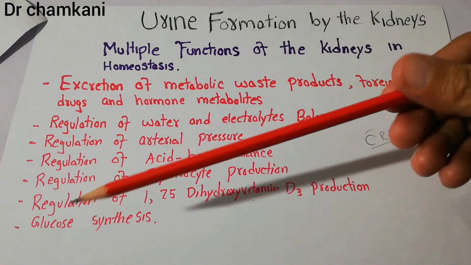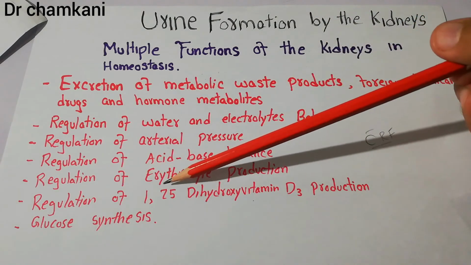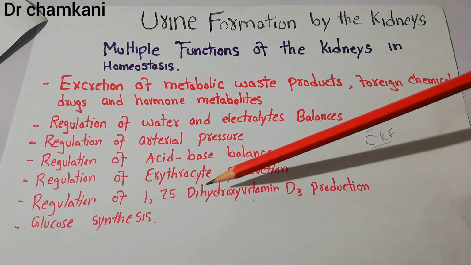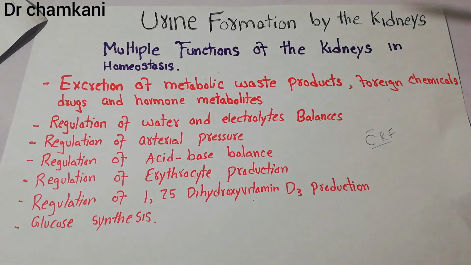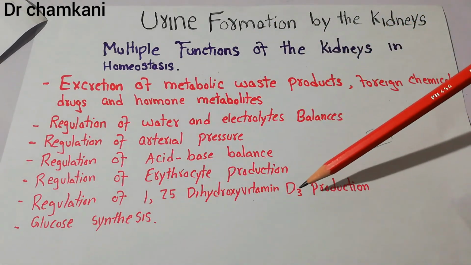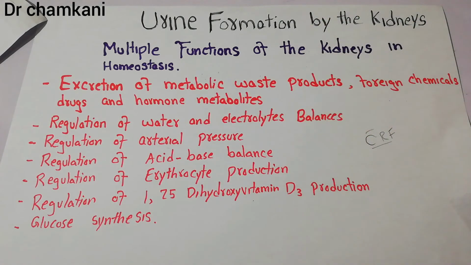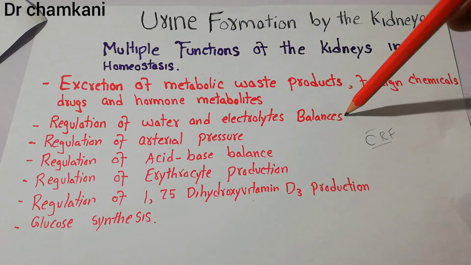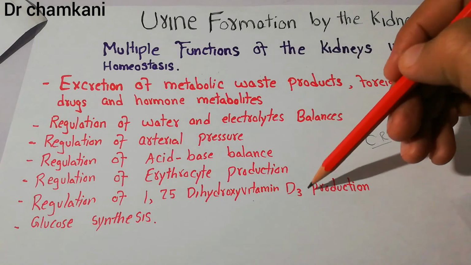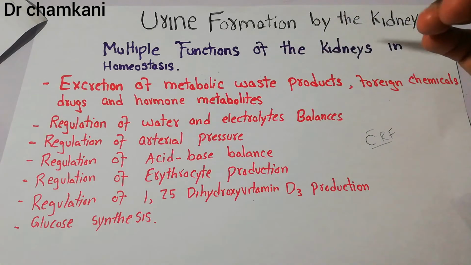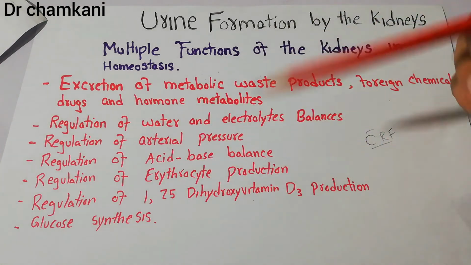Now, another important function of the kidneys is the regulation of 1,25 dihydroxy vitamin D3 production. It is the final form of vitamin D3, which gets activated inside the kidney. It is the hydroxylation of vitamin D which takes place finally in the kidneys, and its active form is formed.